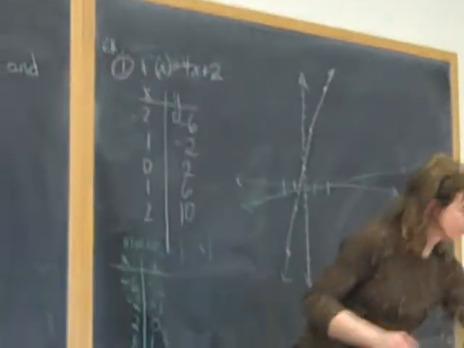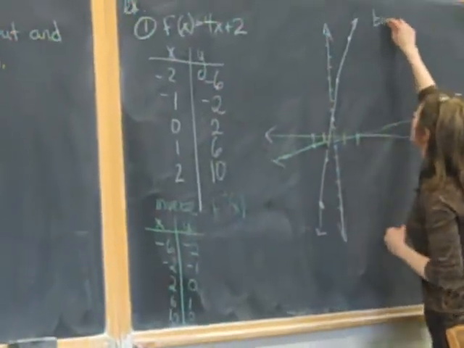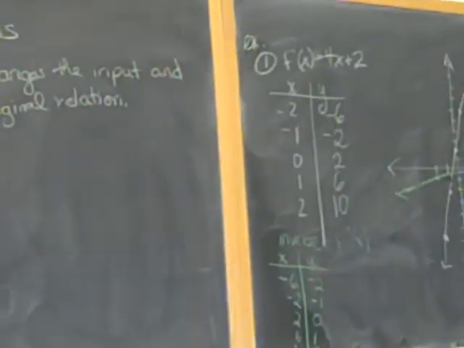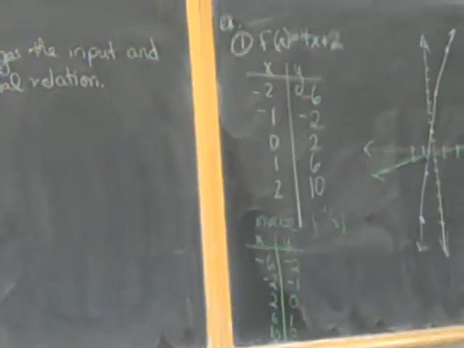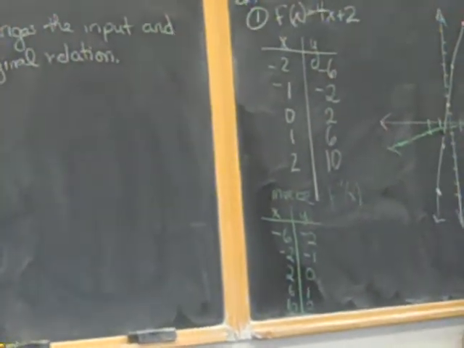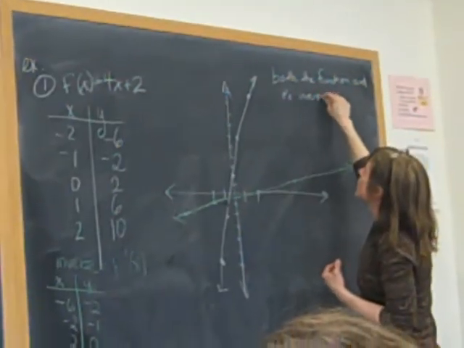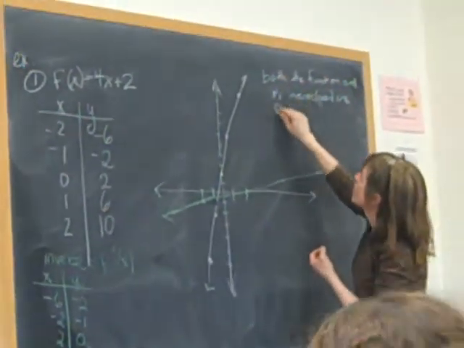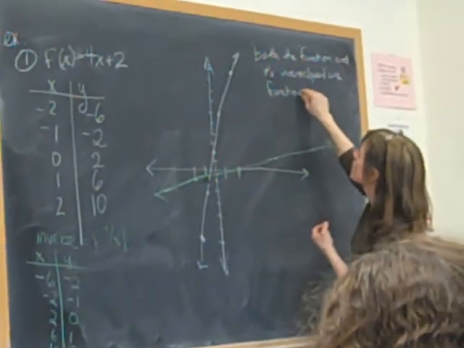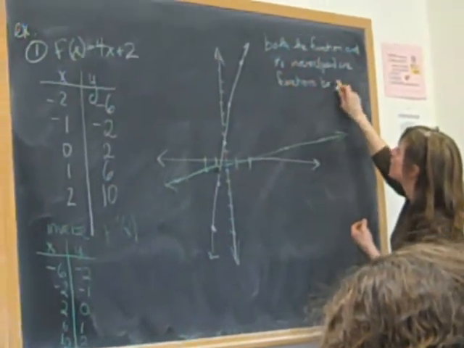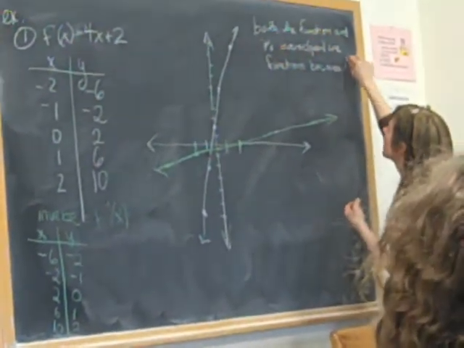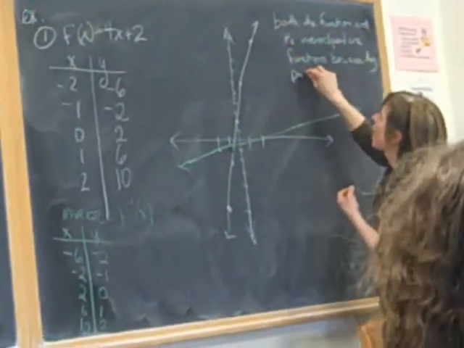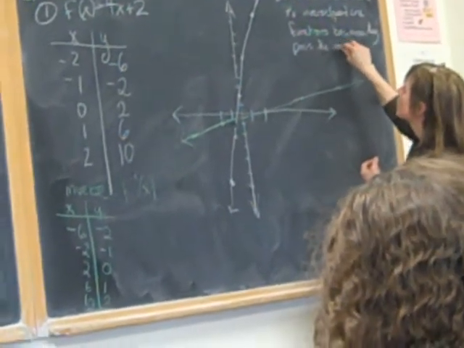So both the function and its inverse, which is the green one, are functions because they pass the vertical line test.